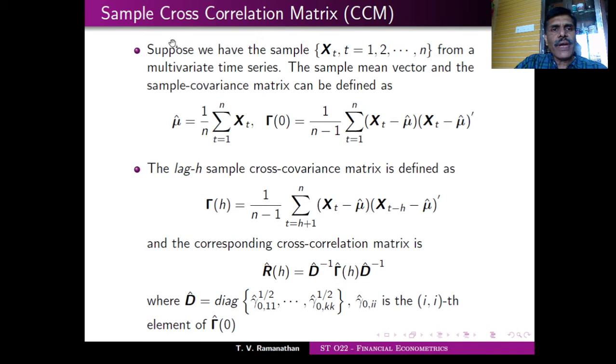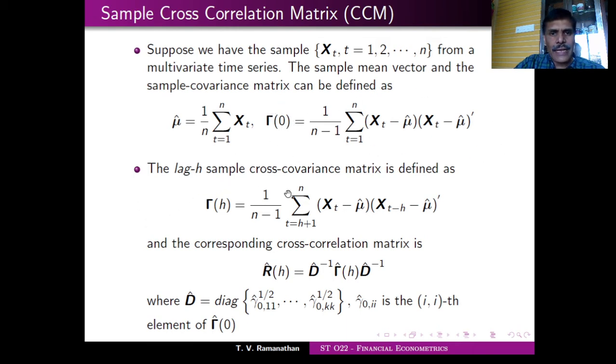Now the sample mean vector and the sample covariance matrix are defined like this. The sample covariance matrix can be defined as, oh, I have to put a hat here, I'm sorry. These two have hats. So the sample mean vector is this, and the sample covariance matrix is this.